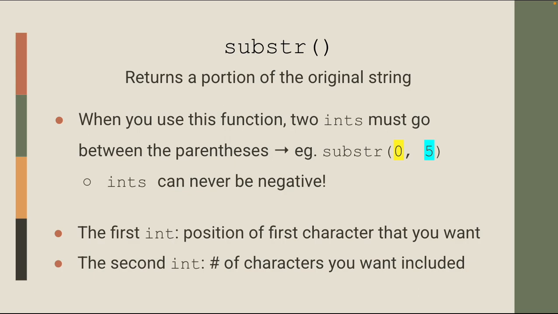Then we know in the blue, the second number that goes in there is how many steps you want to take to start building this new string that gets returned. And remember, whatever position you start at is your first step. So if you put a 0 and another 0, you will get an empty string because you never took a step.